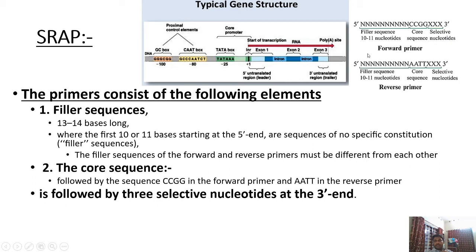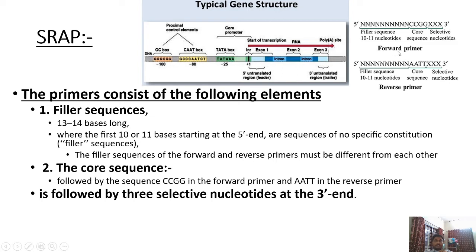So in both forward and reverse primers, there is a filler sequence, then a core sequence, and a selective nucleotide region. The difference between forward and reverse primer lies especially in the core regions. That is, one is designed with a CG-rich region and the other with an AT-rich region. We construct primer sets like this.